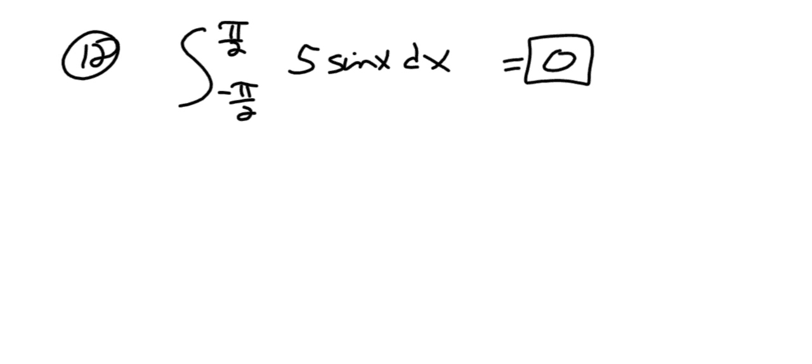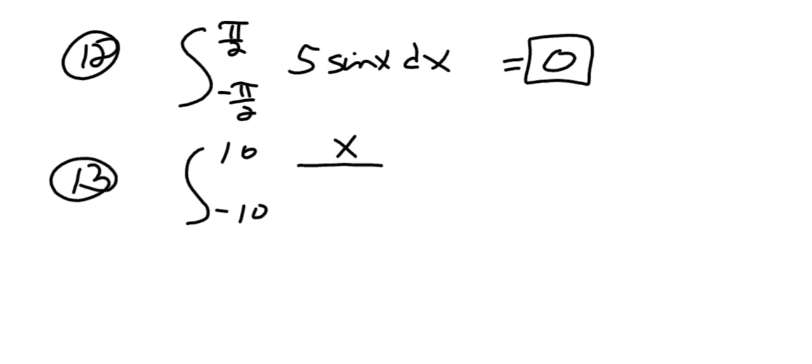I know the area is going to be 0 because our bounds are from negative a to a, or negative pi over 2 to pi over 2. Same thing if I have an inverse situation, from negative 10 to 10 of x over the square root of 200 minus x squared dx. In this case, this would graph as an odd function, and this is definitely going to be 0 also.